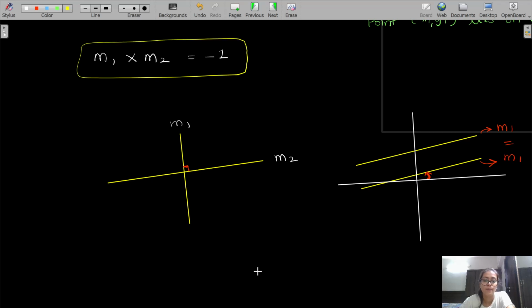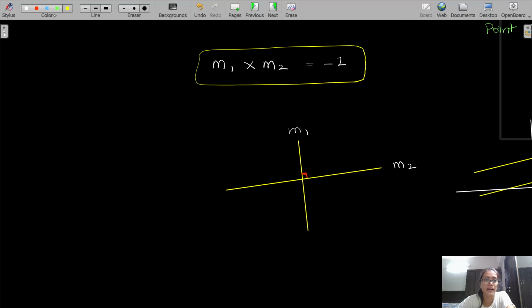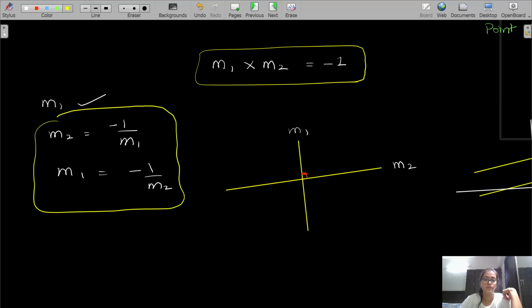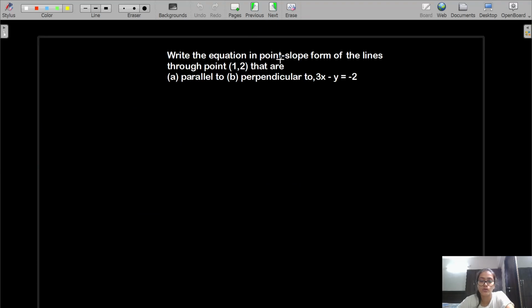So what does this mean? This means that if I know the value of m1, then m2 will be the reciprocal of m1 and negative of that. And if I know the value of m2, then m1 will be the same as -1 over m2. So on the basis of this concept, let's do this practice problem.